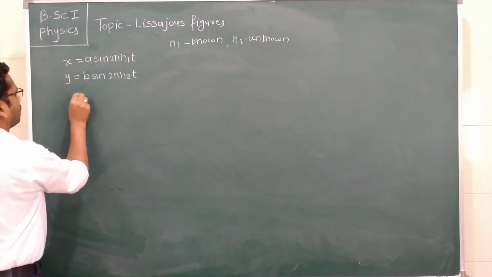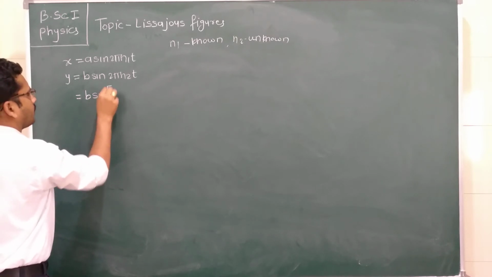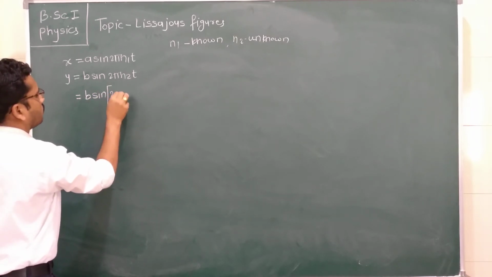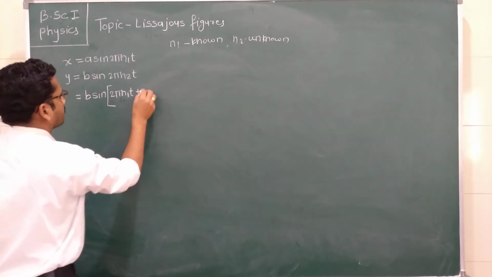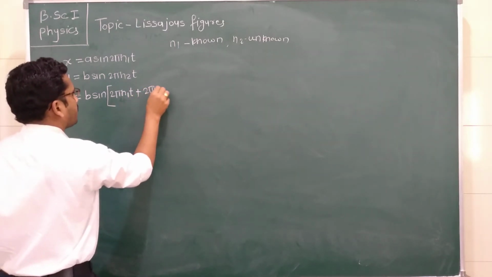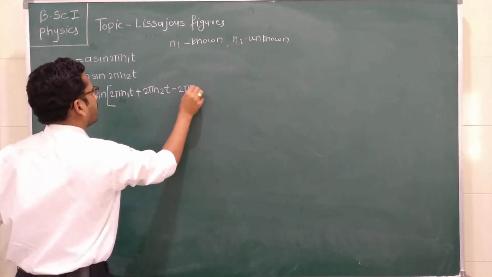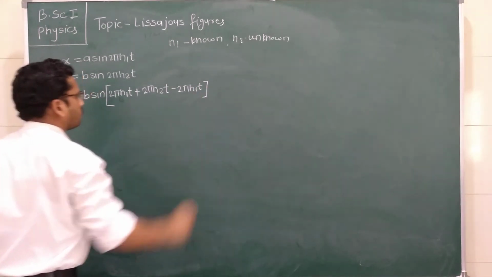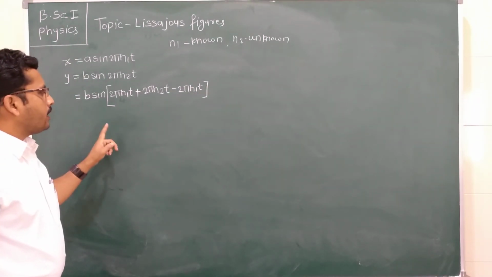Now this second equation can be written as b sin of 2 pi n1 t plus 2 pi n2 t minus 2 pi n1 t. So what have we done here? We rearranged this equation.